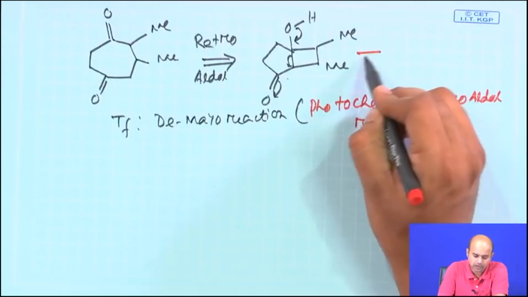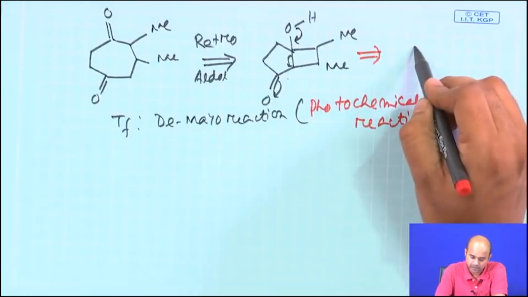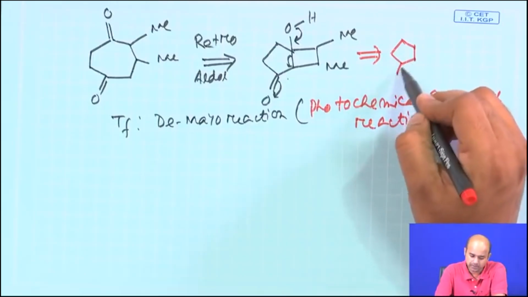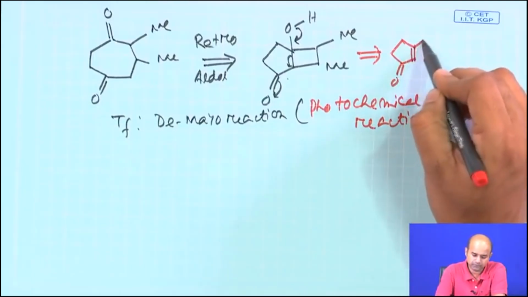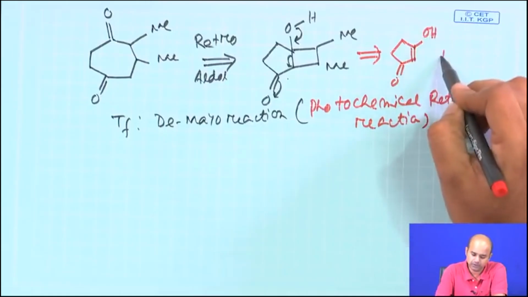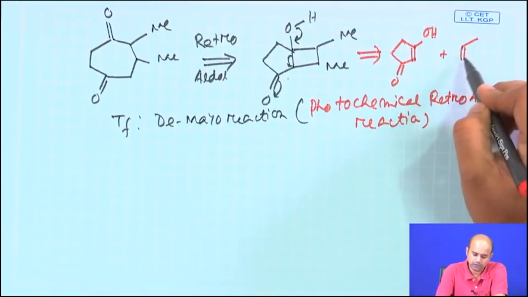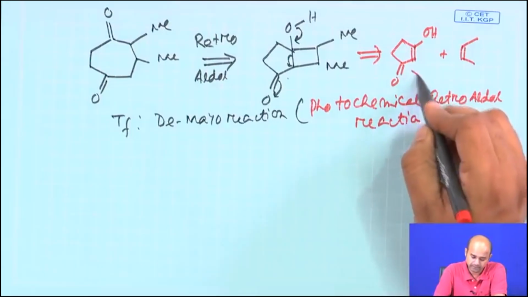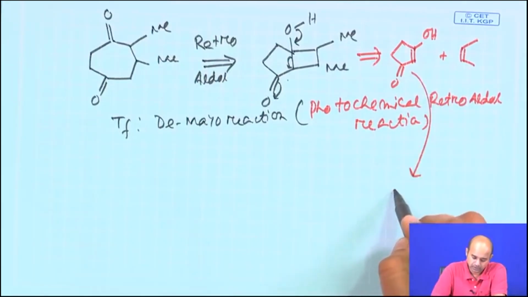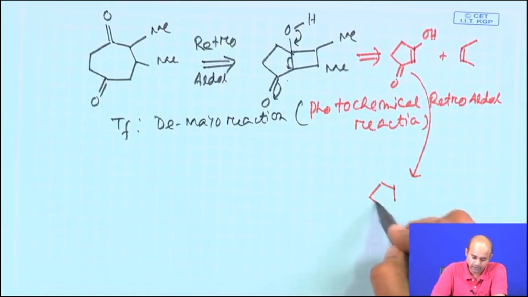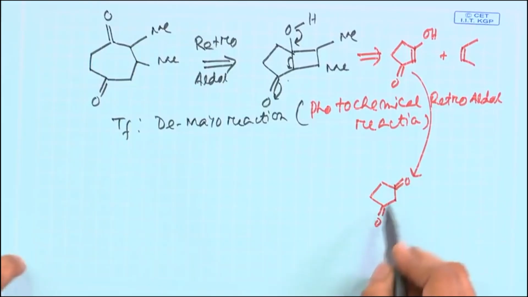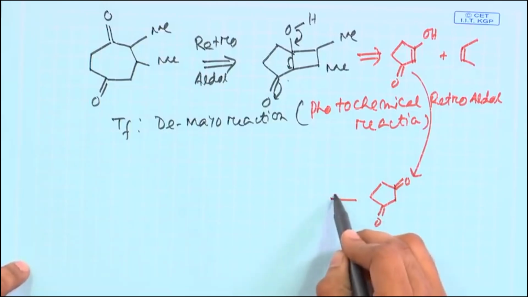So, fine, do another round of retro and then try to get the simplified starting materials. So, this is this starting material with this olefin. Now, this starting material is basically a simple 1,3-cyclopentane dione. So, what you do, this compound is very easily analyzable.